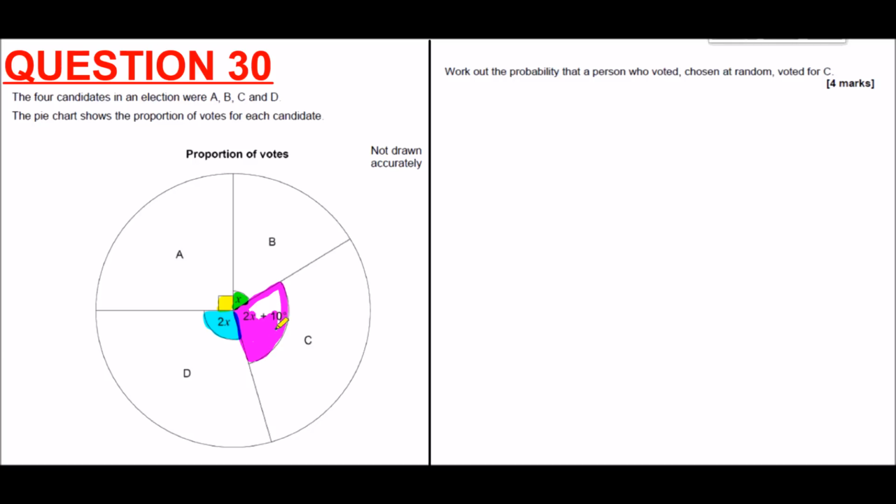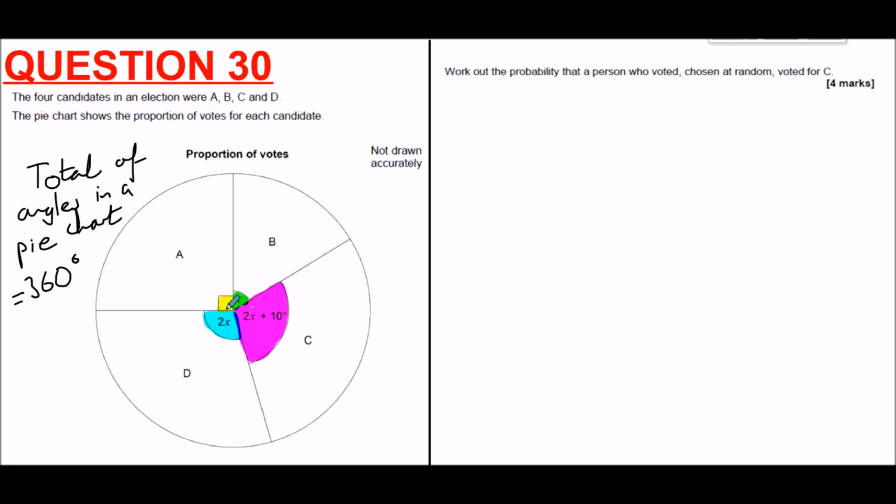Angles in a pie chart and angles all the way around a circle will always add up to 360 degrees. So just to make a note of that, total of angles in a pie chart is 360 degrees. And so if we add up all these here, it will come to 360 degrees.